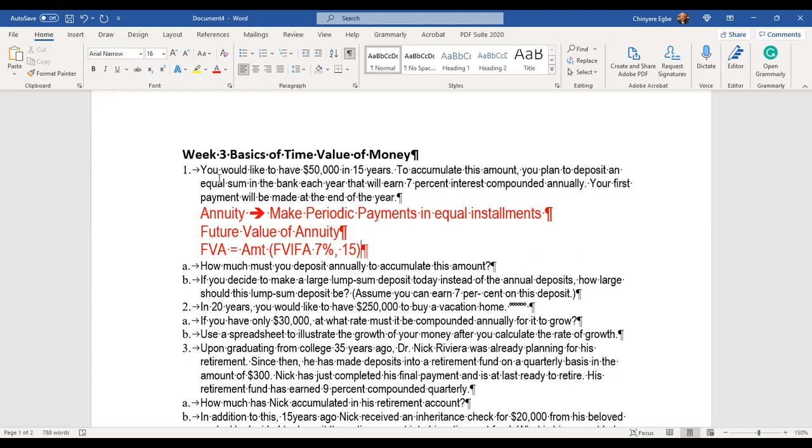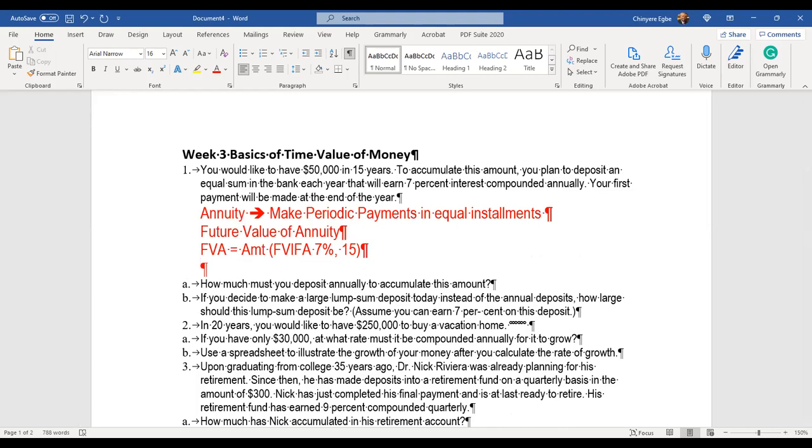So then how do you calculate the future value interest factor for an annuity? This is a formula that you can do on your Excel spreadsheet, or you can use the formula. The formula is very simple.